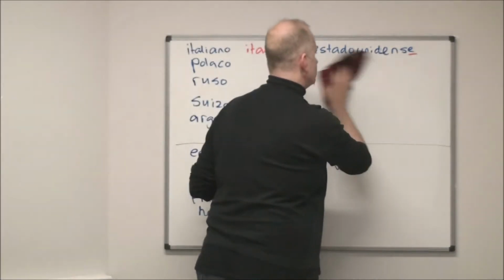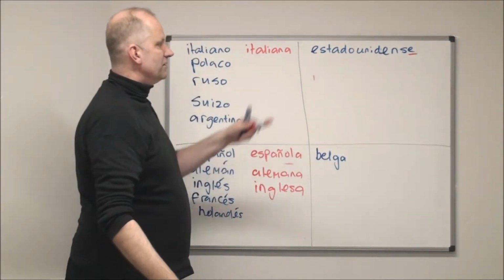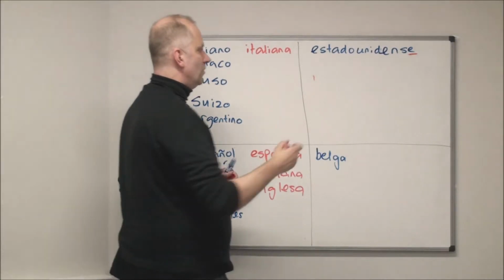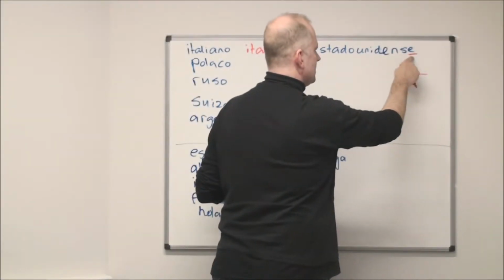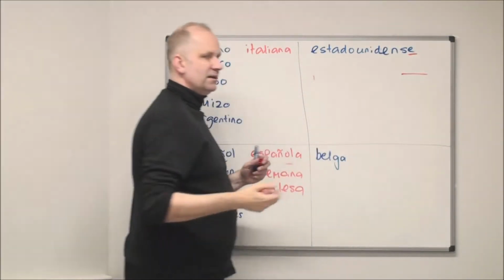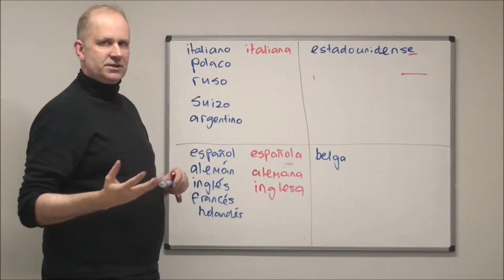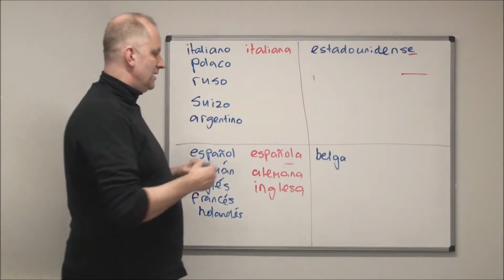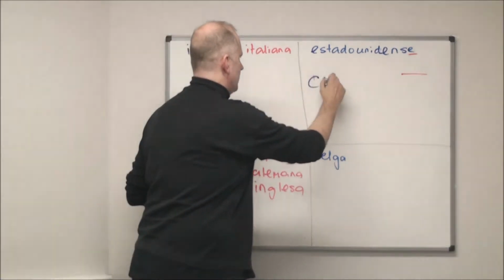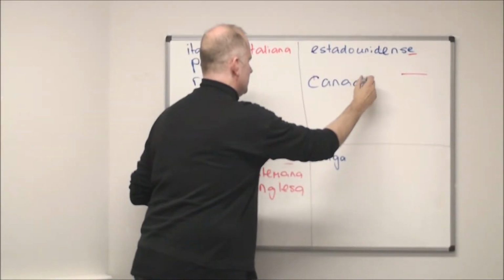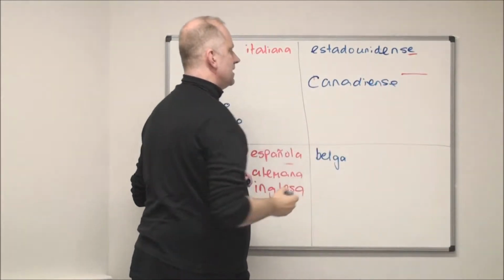The female doesn't change. So adjectives which end in an E in the masculine will be the same in the feminine. Another example of an adjective of nationality which ends with an E is Canadiense, meaning Canadian.